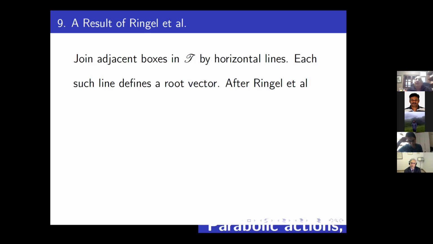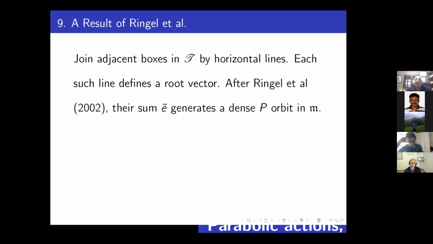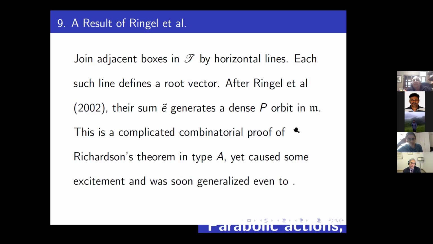So what did Ringel and company tell us? This was already 18 years ago, that the sum of these root vectors generates a dense P orbit in M. This gave a complicated combinatorial proof of Richardson's theorem in type A, but nevertheless caused some excitement and was soon generalized even to biparabolics, except for some mysterious reason it breaks down in type E8.